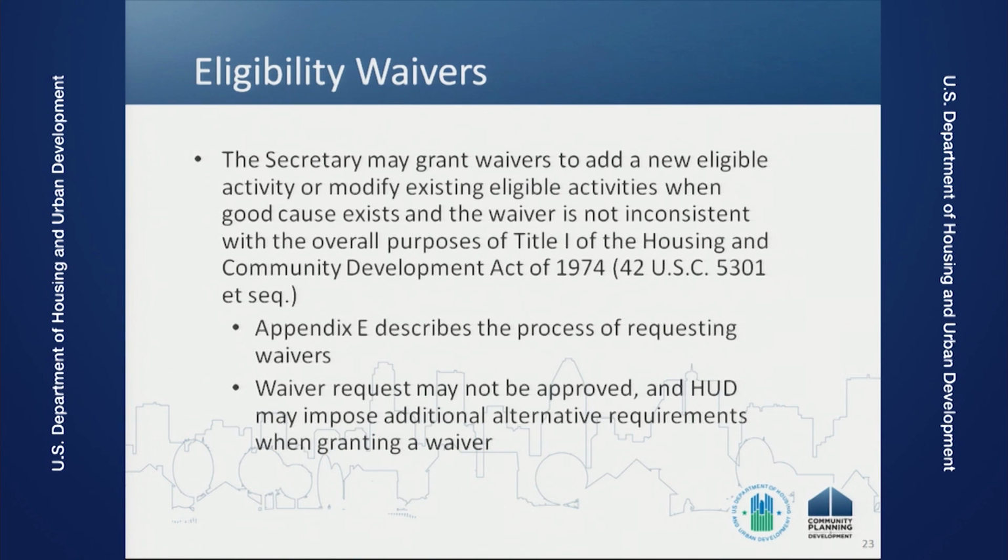The Secretary's waiver authority for the NDRC is derived from the Disaster Relief Appropriations Act of 2013. And throughout the competition, the Secretary can grant waivers to add new eligible activities or modify existing eligible activities when good cause exists and the waiver is not inconsistent with the overall purposes of Title I of the Housing and Community Development Act of 1974.